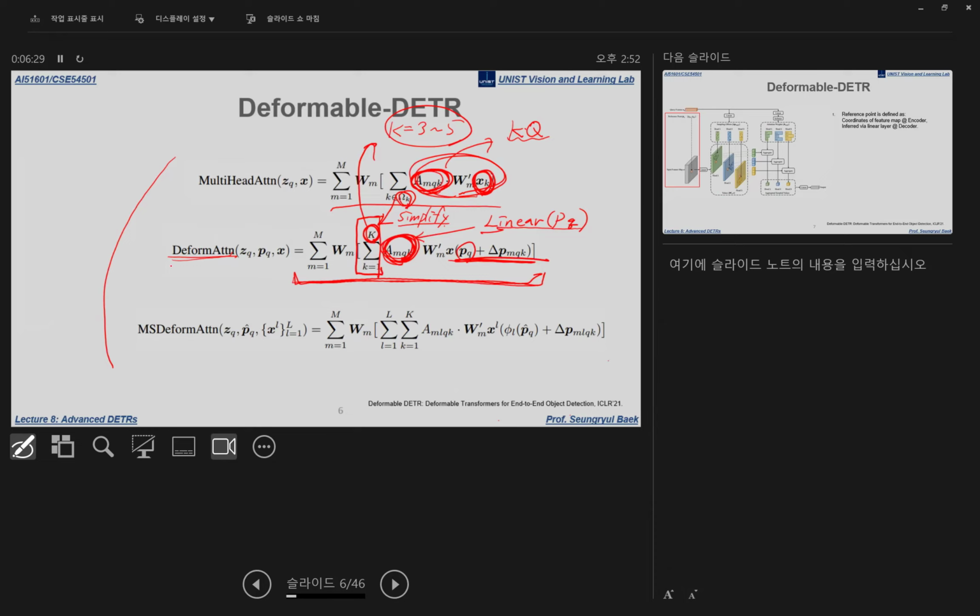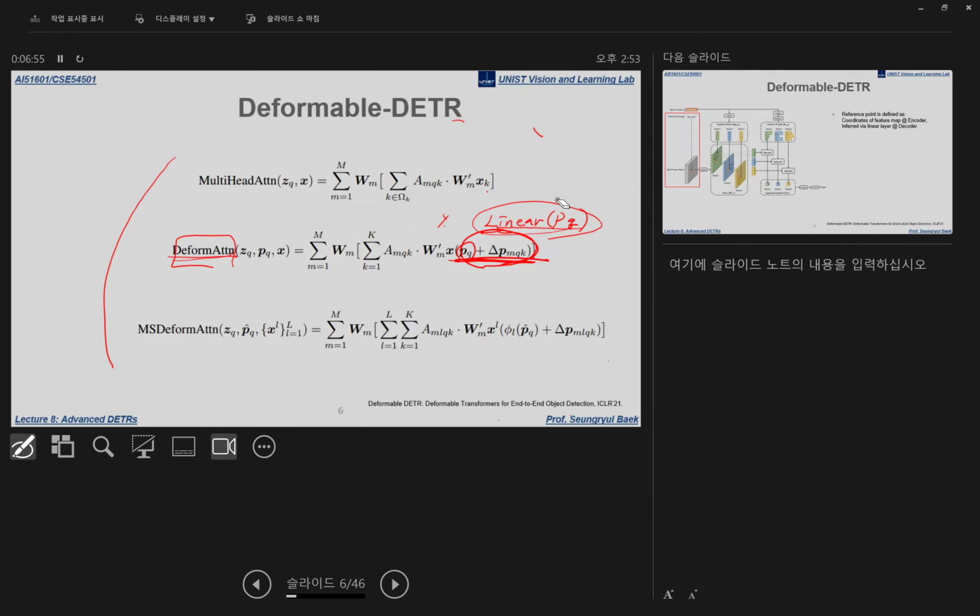But in deformable attention, we consider only the nearby 3 to 5 pixels as the value vectors. And when calculating the weight of this vector, we apply a linear operation instead of quadratic multiplication. Because of that, deformable attention becomes a lot simpler.